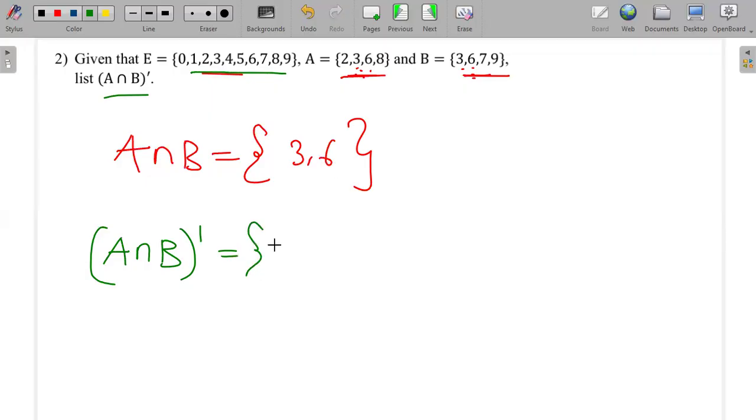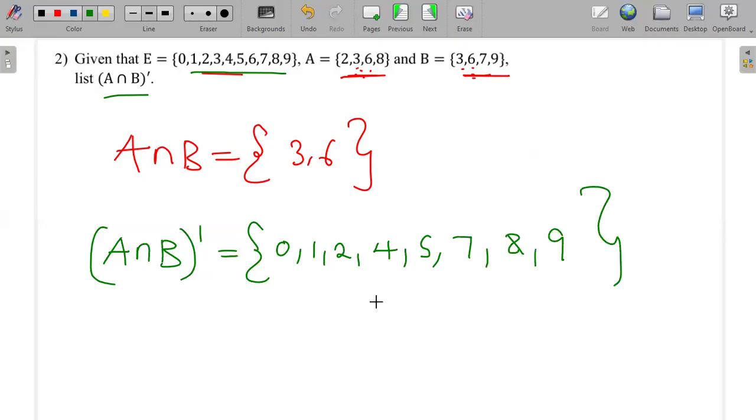So I'm just going to write 0, 1, 2, 3 is here, so I can't write it here. 4, 5, 6 is here, so I can't write it here. Okay, so I'll go to 7, and then 8, and then 9. So this one here is our A intersection B complement, meaning the elements that are not in the set A intersection B. Okay, so that's how we find the A intersection B complement there.